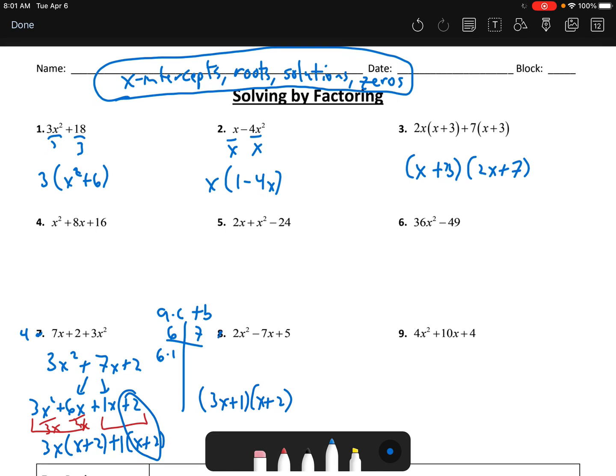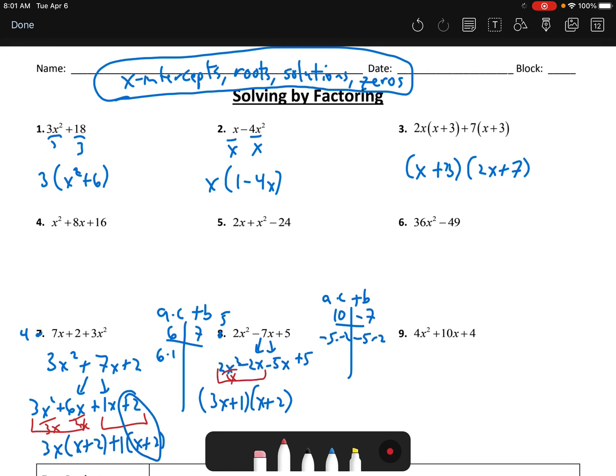Number 5 is this one, and this is also a split the middle term. So it's going to be 10 and negative 7. I believe that's going to be negative 5 and negative 2. Yep. And I'm going to split it up negative 2x, negative 5x. So they match up with their respective terms.